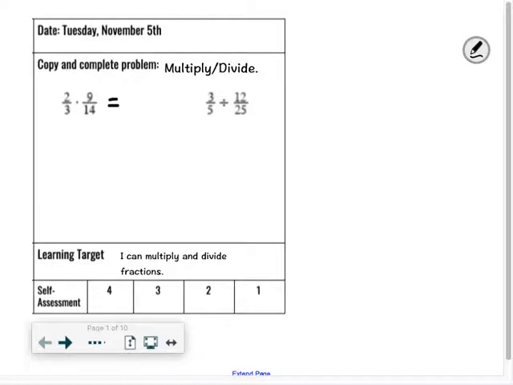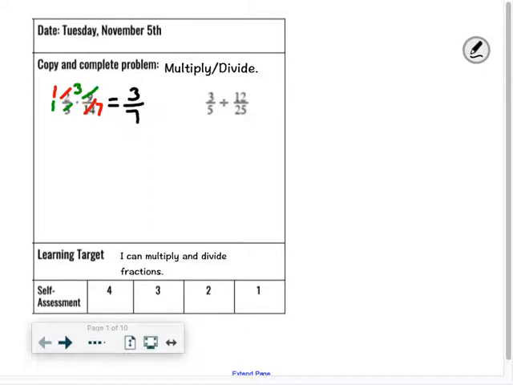And that is canceling out. So how many of you guys said, well, 2 goes into 2 once and into 14 7 times? Anybody do this? Then we can also cancel out because 3 goes into 3 once, into 9 3 times. So now when I multiply across, I have 3 sevens.